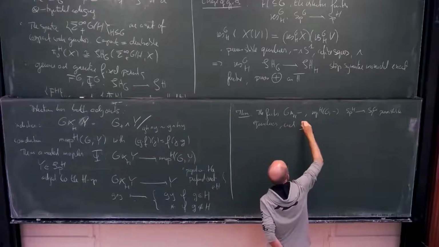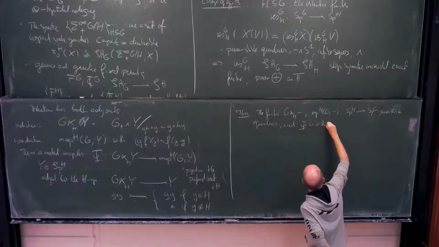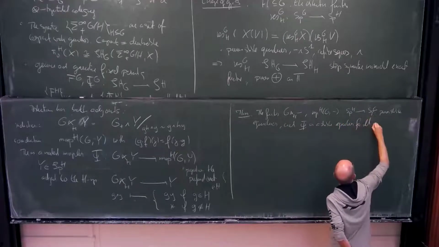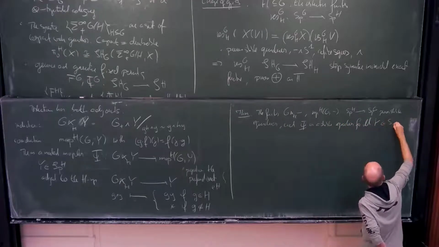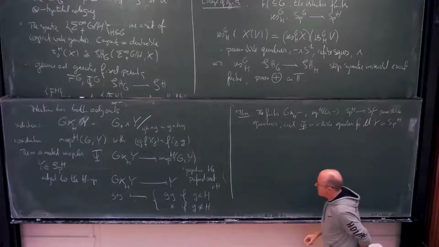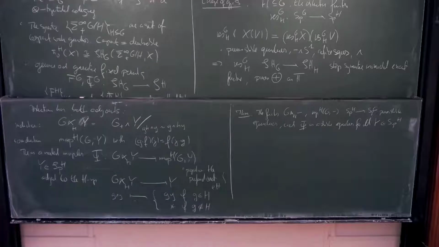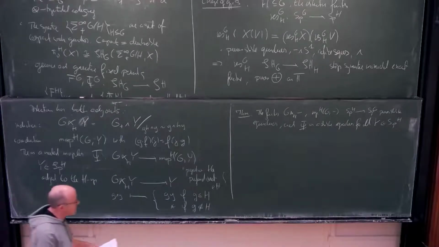And psi is a stable equivalence for all Y orthogonal H-spectra. So in other words, on the one categorical level, there's this morphism, which is a natural stable equivalence. Both functors are fully homotopical, so when we go to the derived category, it will become a natural isomorphism.